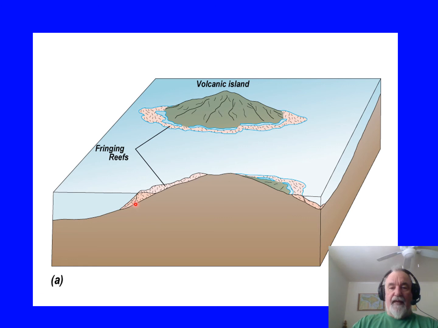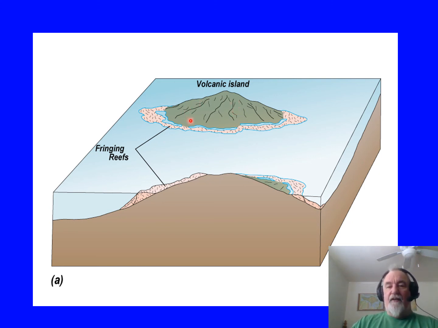And so here we're showing a fringing reef along a mainland, and a fringing reef around a volcanic island. And remember, when volcanic islands form, that's from tectonic processes, maybe like forming an island as part of an island arc. But when the volcanism stops, the volcano and the rocks composing that volcano cool off, densify, and also probably sink.